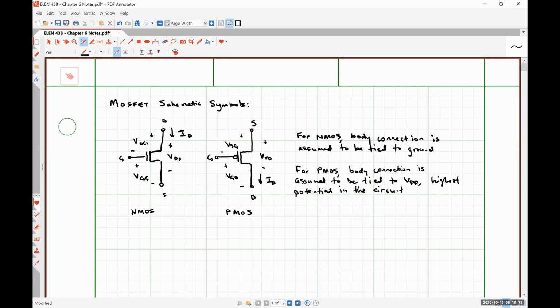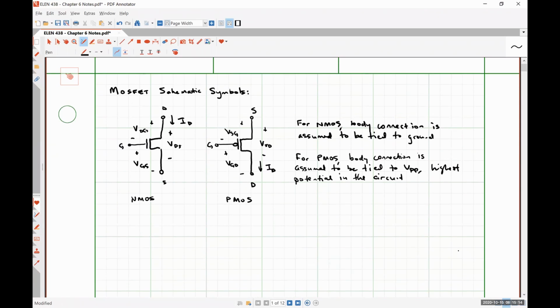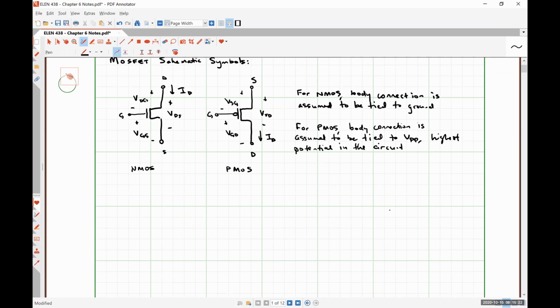Alrighty, so what we are going to see a lot more often than these guys are specifically ones with a body terminal that has been included. And so all that's really going to change is now we're going to have one more terminal and thus one more potential set of voltages.